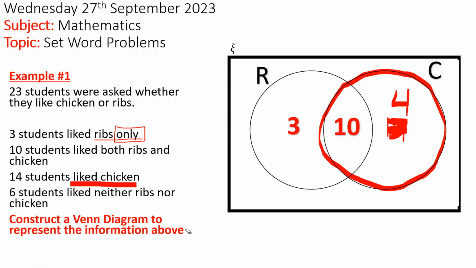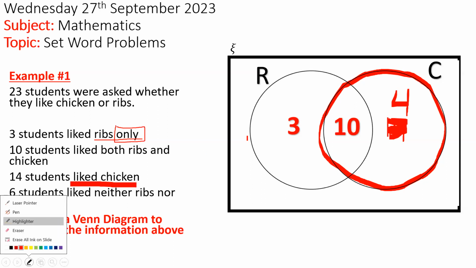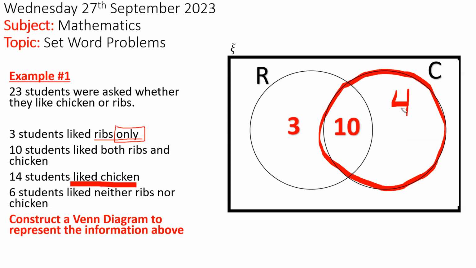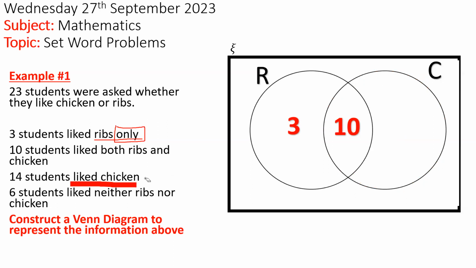Anyone need me to explain that again? Me. Okay. So Shion, why did we put 3 here? Because they say they like ribs only. Exactly. For 14, did they say only? No, sir. Exactly. So you can't put 14 here, because they didn't say only.